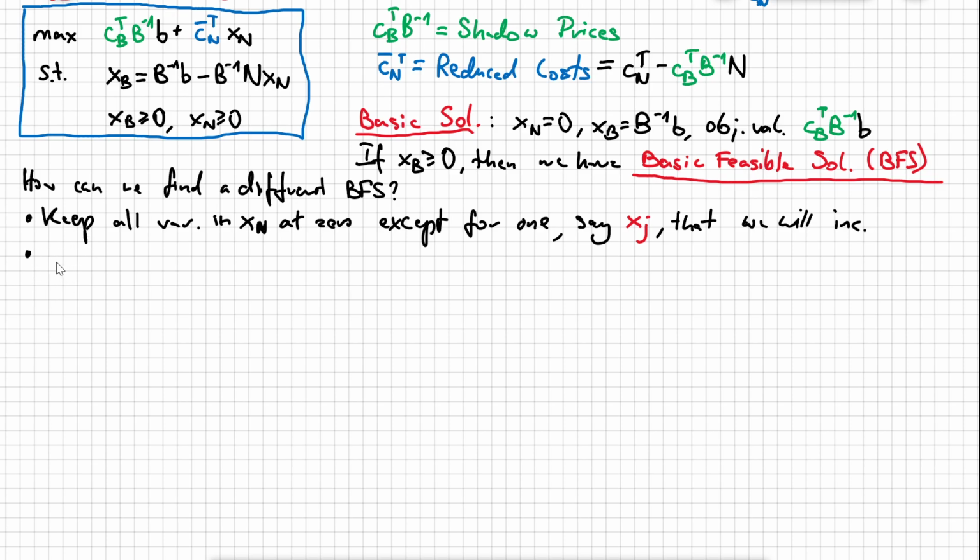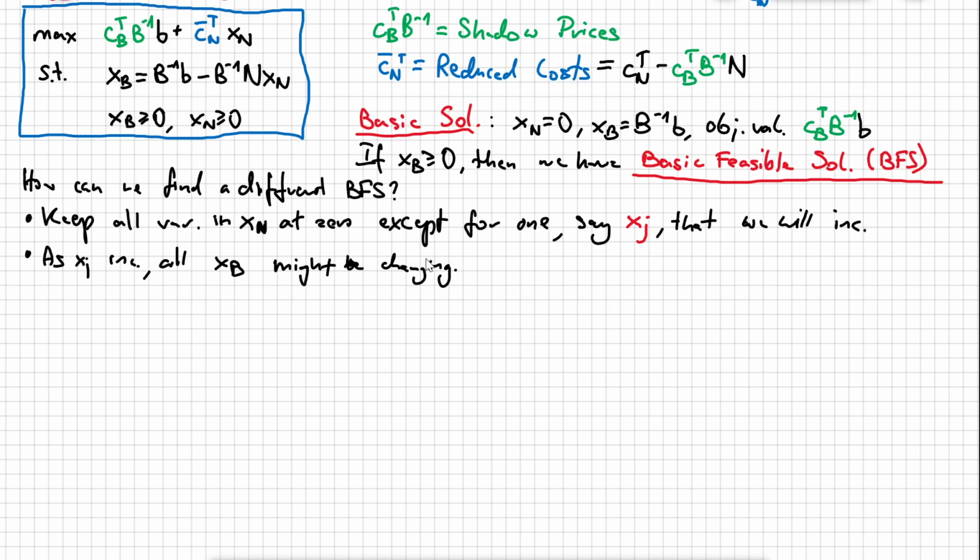So basically what we can say is as this xj increases, right, all xb might be changing.